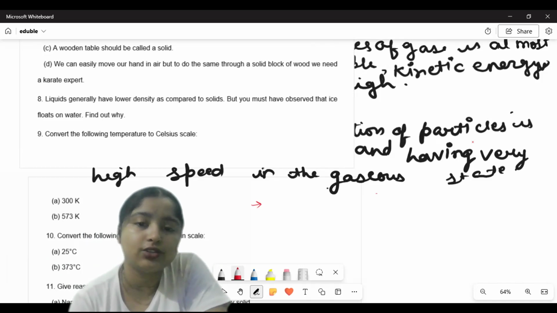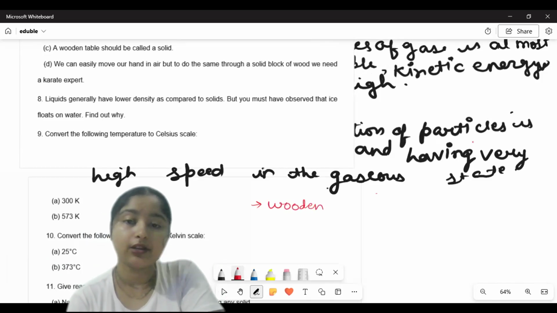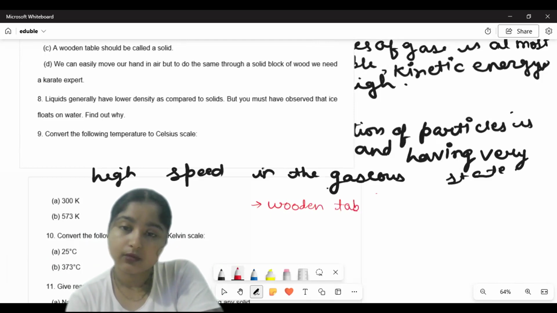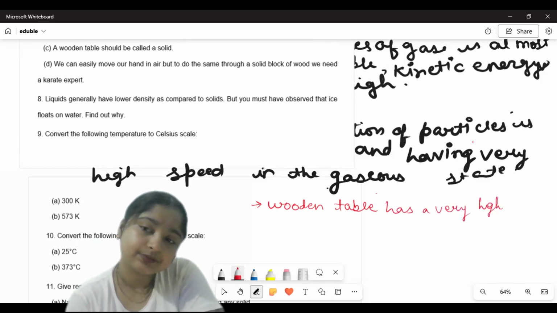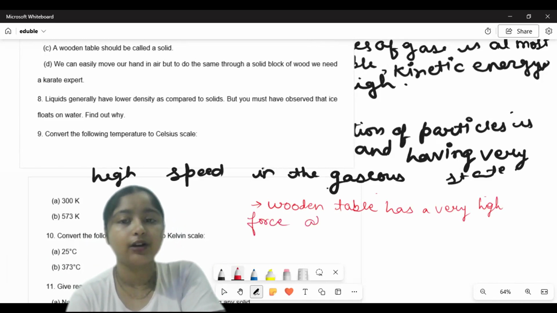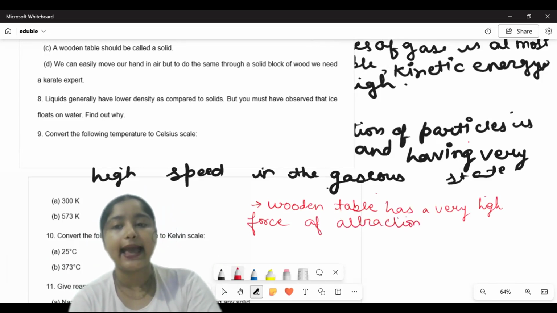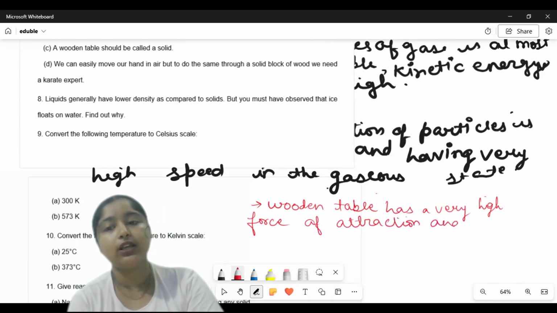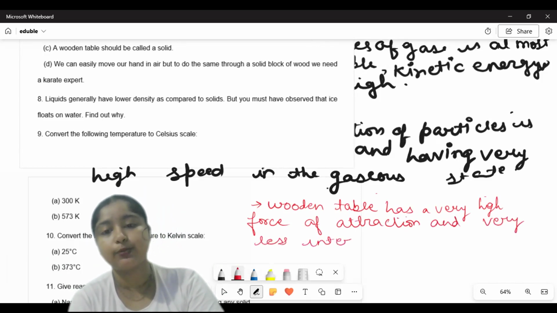So you just write that a wooden table has a very high force of attraction and very little intermolecular space.